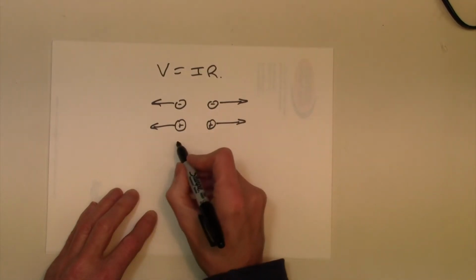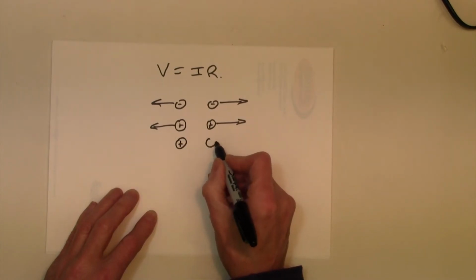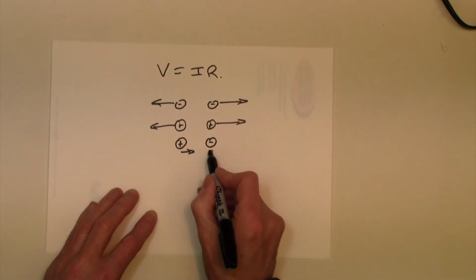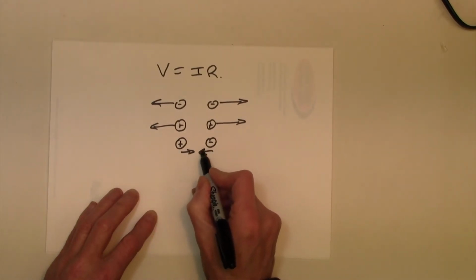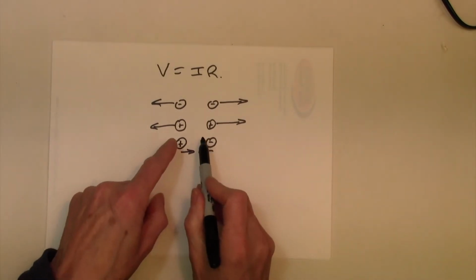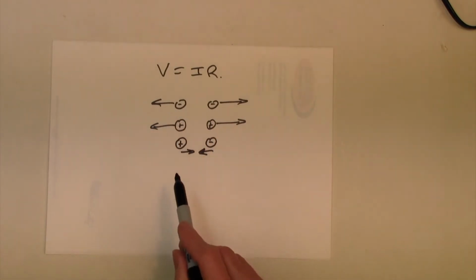The only thing that attracts is opposite charges or unlike charges, positive and minus, and they attract each other. Just like a north and a south pole of a magnet attract each other, two north poles repel, two south poles repel. That's the only fact that you need to know.